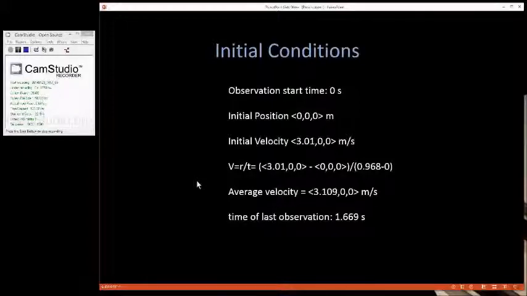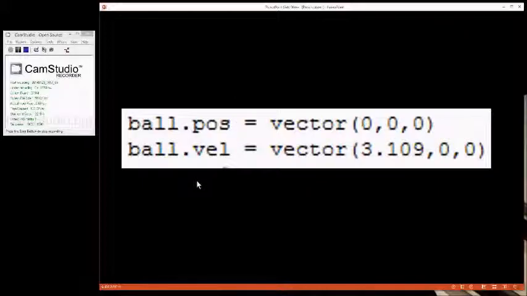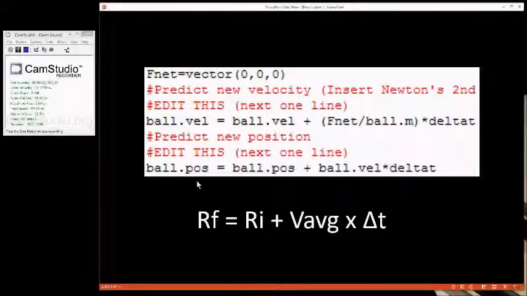As you can see, here it is in code format. The ball.pos equal to vector 0, 0, 0 in all three planes, and ball.vel equal to vector 3.109 in the x-axis.